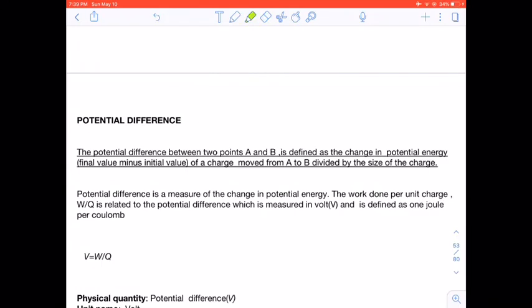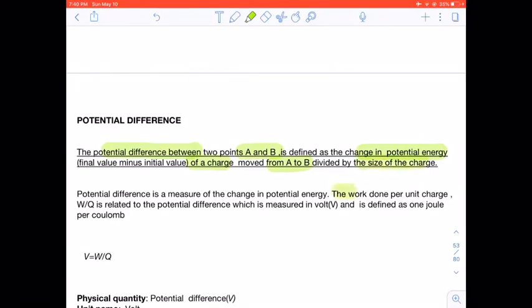Right, the potential difference. The potential difference between 2 points is defined as a change in potential energy of a charge moved from A to B divided by the size of that charge, right?